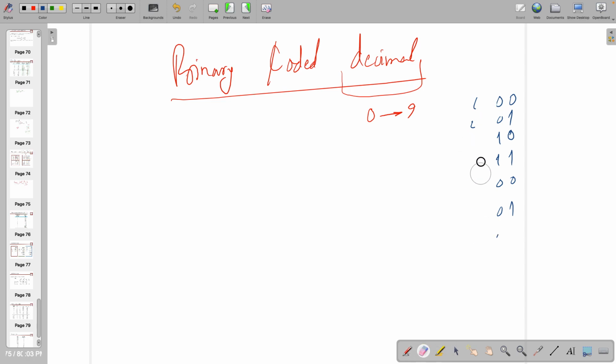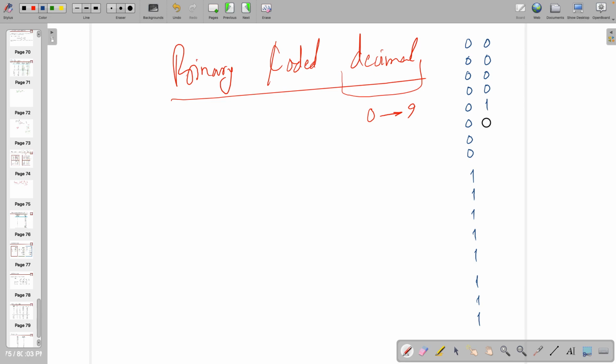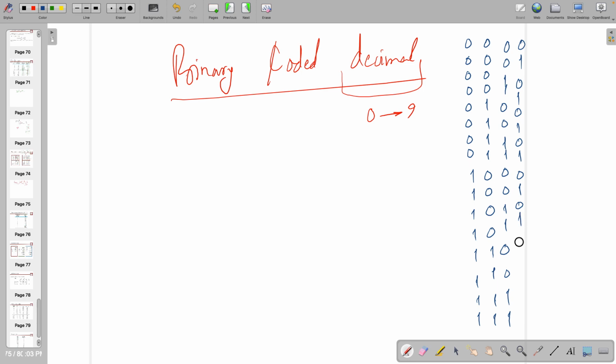It requires 16 combinations, right? Okay, so we want to have the numbers from 0 to 9 only.